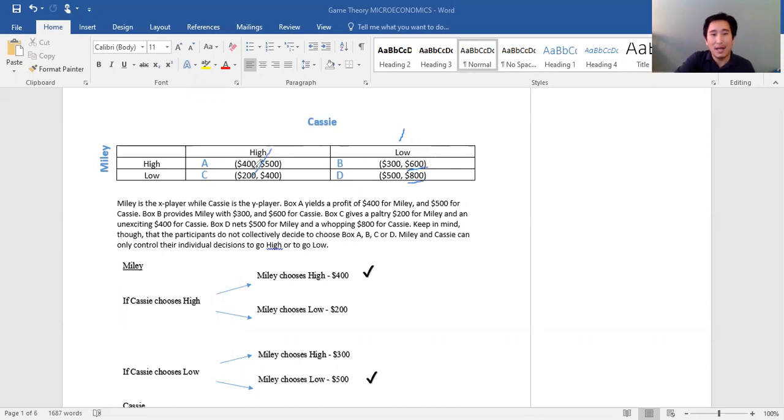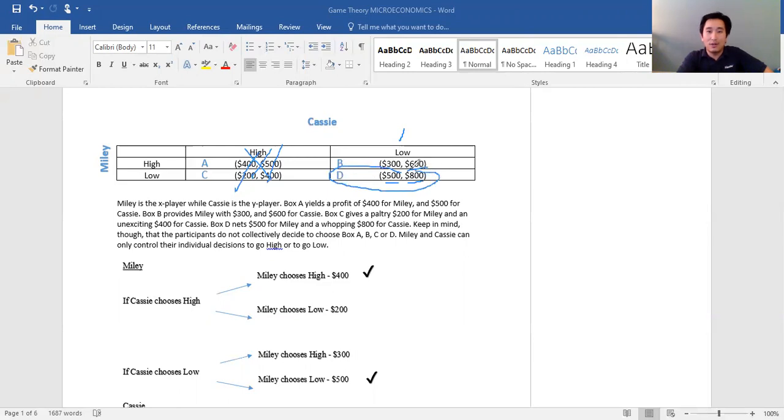And so this high is out of the equation here. Now, if Cassie goes low, Miley's better off going low as well, right? So Cassie has the competitive advantage because her decision is not dependent on what Miley does, but Miley's decision is dependent on what Cassie does. And so they're going to end up in box D right here.